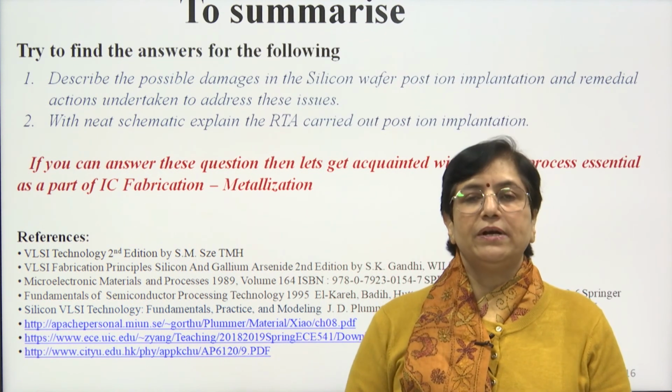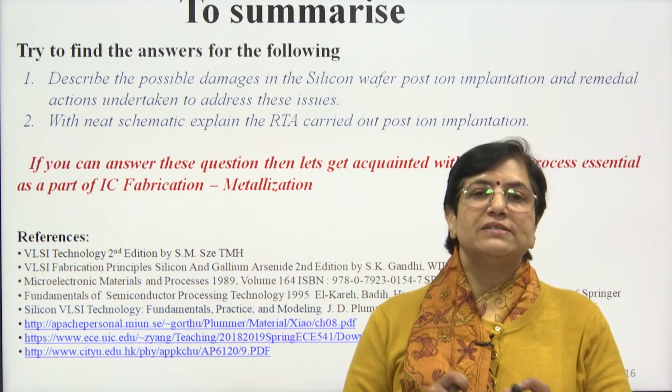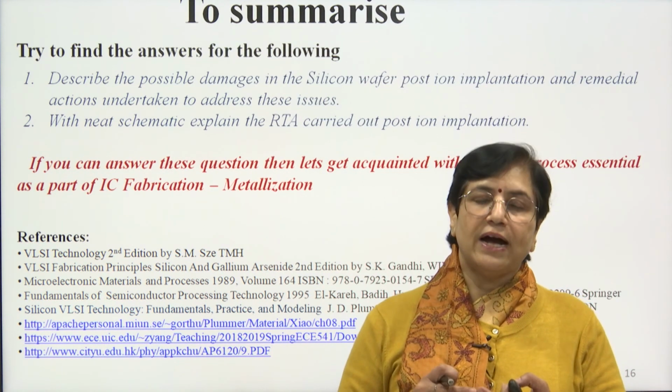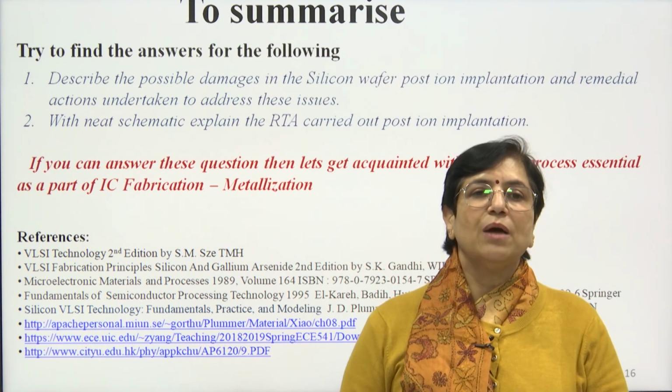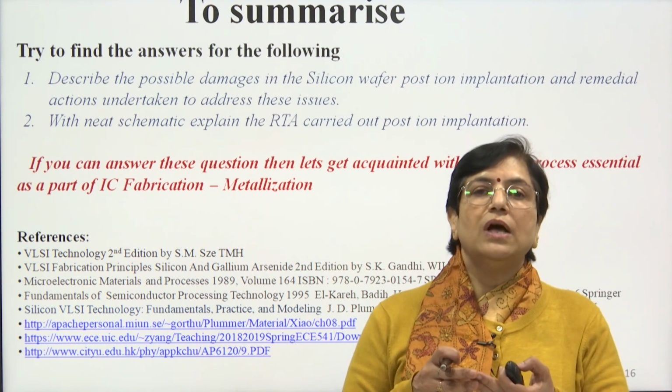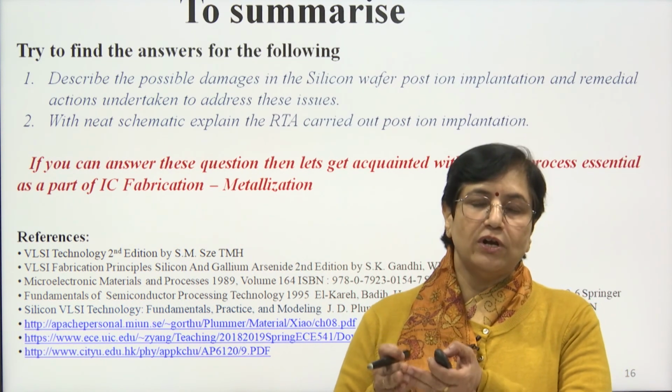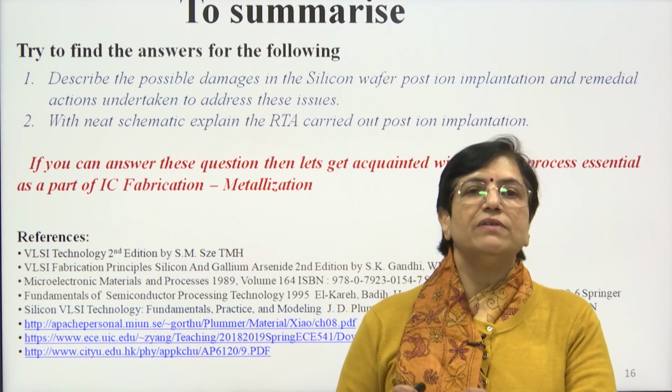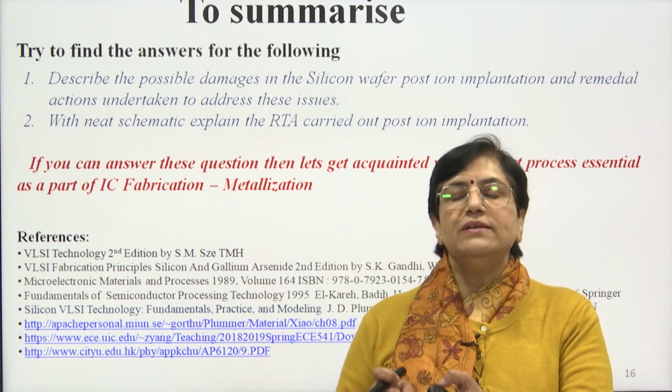They can develop tails, and normal profiles can get deviated, especially in the case of high dosage, where amorphization can happen. And then we saw how amorphization can be controlled using solid phase epitaxy, and finally we saw how a rapid thermal annealing system works.